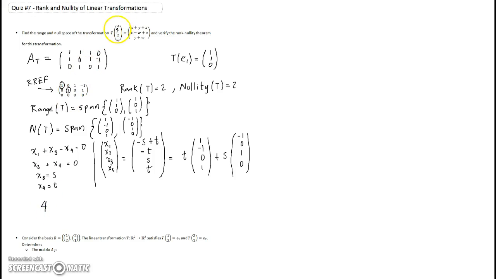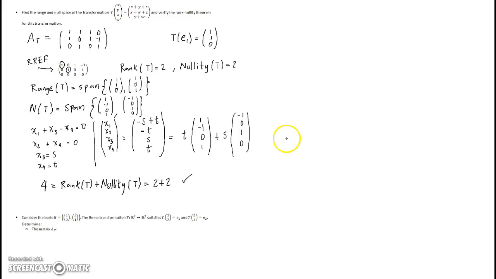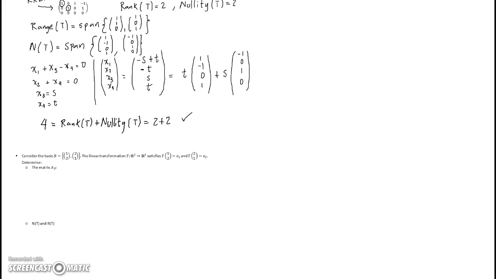You have 1, 2, 3, and 4 coordinates, so 4 dimensions, is going to be equal to the rank of T, which is 2, plus the nullity of T, and that is 2 plus 2, and last time I checked, 2 plus 2 indeed is 4, though some people may disagree.